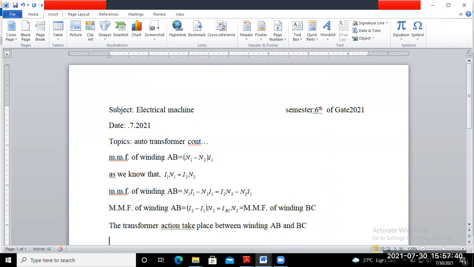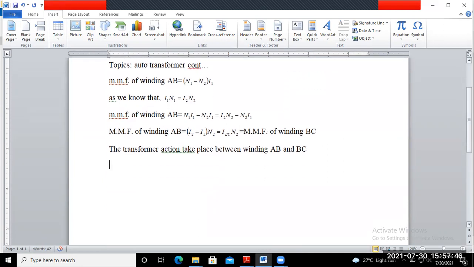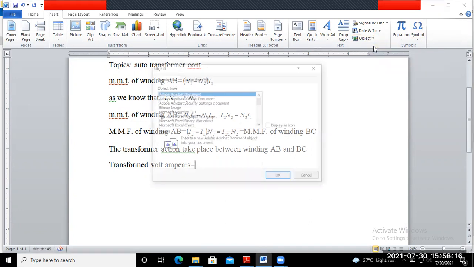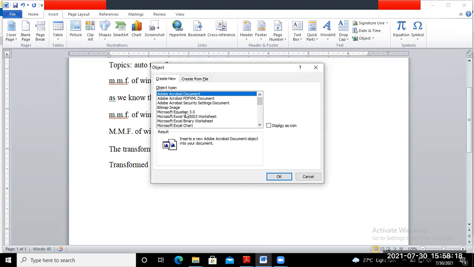So we can write here: transformed volt ampere is equal to V_AB into I_AB, that is, the voltage of winding AB and the current flowing through winding AB.